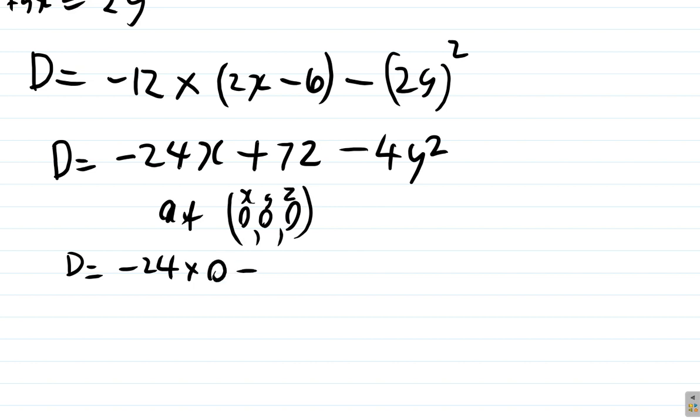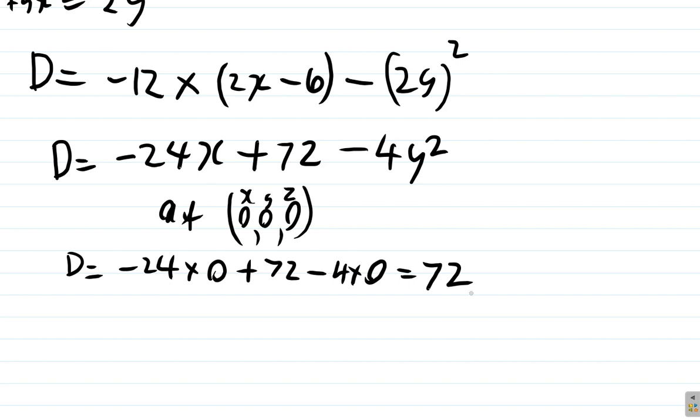Value of x is 0, plus 72 minus 4 times y, the value of y is 0. So it's minus 4 times 0. But this is 0, so what you have is a 72. Right? So make sure you follow what happened there. Alright?